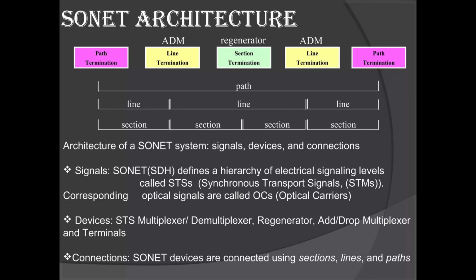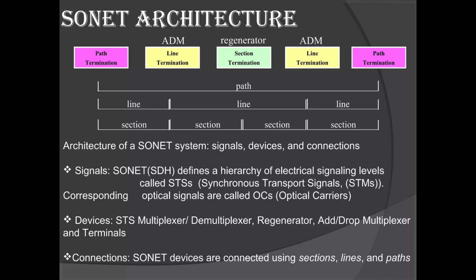Here in this architecture of the Sonet system, it has devices, we have connections, and we have the signals that are passing through the devices through some connections. So we are going to see what those are. First we will see signals. Signals in Sonet define a hierarchy of electrical signaling levels called STS, which means synchronous transport signal.